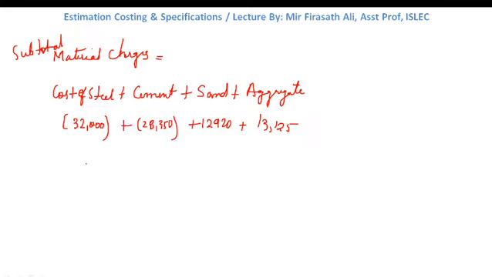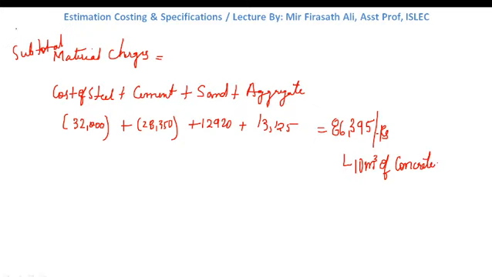If we add all this: 32,000 plus 28,350 plus 12,920 plus 13,125, the cost is around 86,395 rupees. This is for 10 meter cube of concrete.